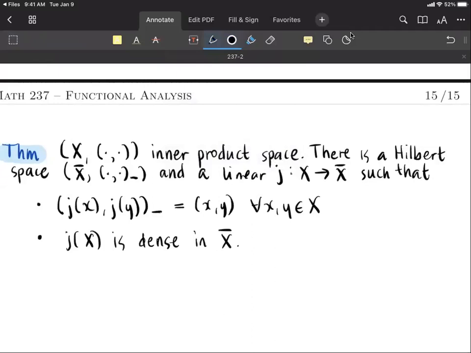So again, identifying J of x by x, we can say that an inner product space that is not necessarily complete can be embedded densely in a complete inner product space, or a Hilbert space.